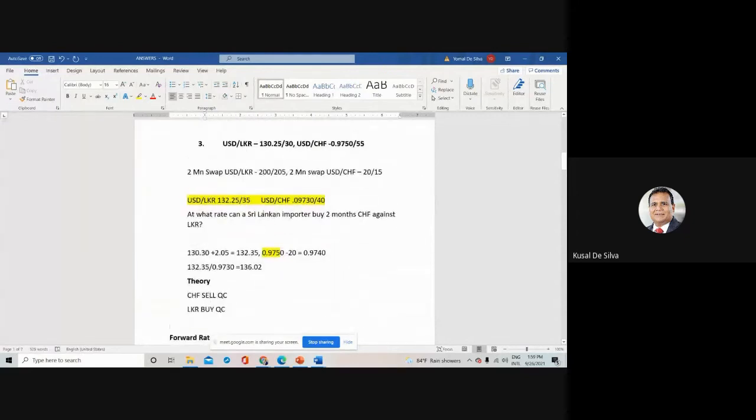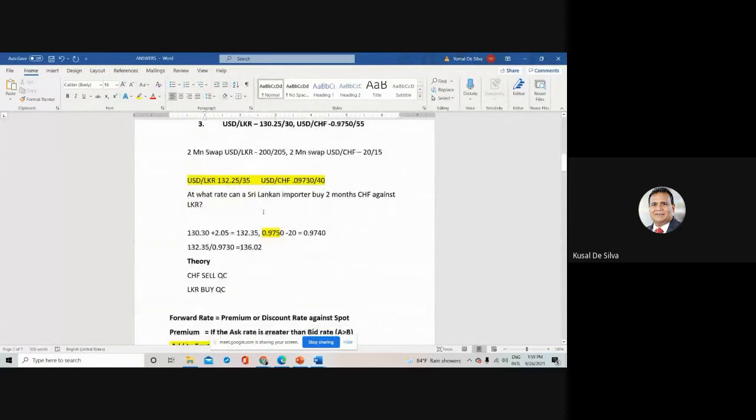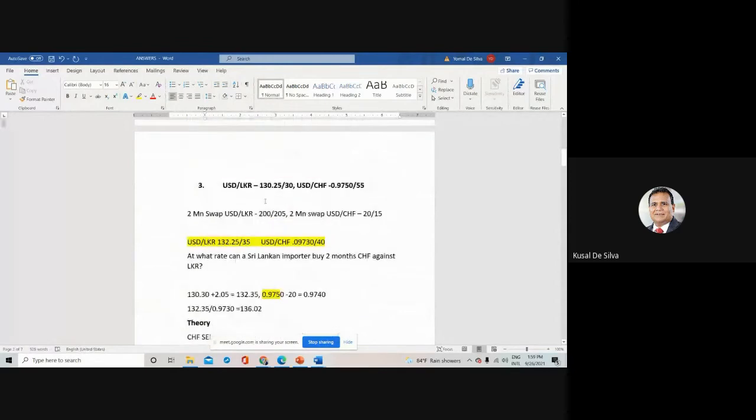The only thing is I need to give a small explanation of how you are always given SOP points. Here the future rates, I told you the SOP is the future rates, that is premium and discount. This is again a bid and ask.